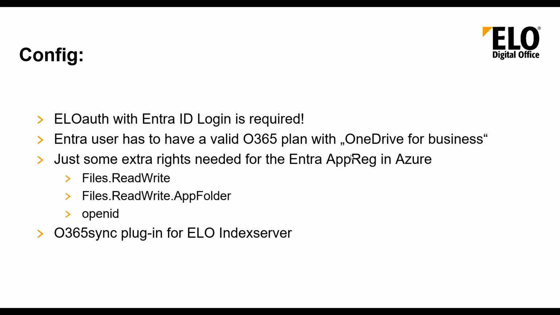And you need the Office 365 Sync plugin for the ELO index server, which is a standard plugin. It doesn't need any other configuration. That's important at this point. You don't have to put URLs or something like that in a configuration file. Just the plugin has to be there, ELO Auth has to be configured, and you need the rights on the app registration.